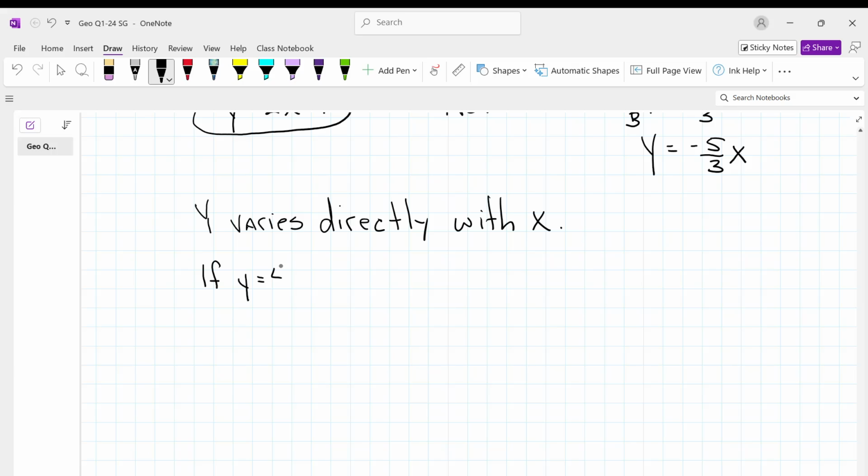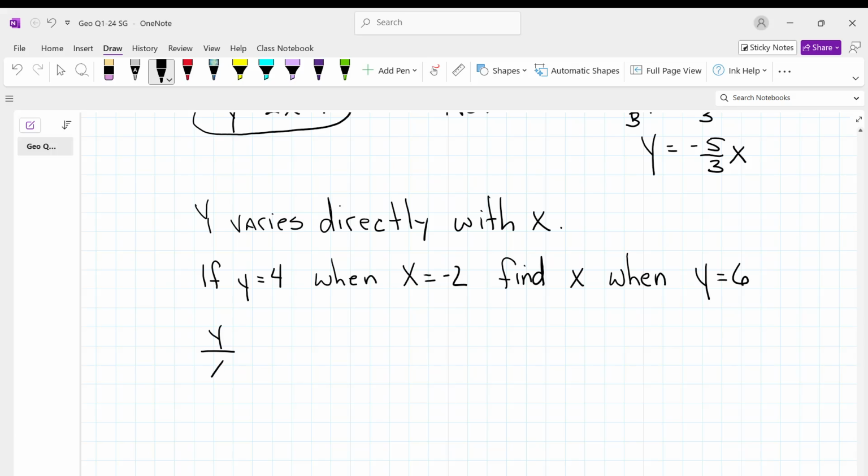If y equals 4 when x equals negative 2, find x when y equals 6. You can do this by writing a proportion. If you're told that y varies directly with x, then y divided by x is going to be the same thing every time.